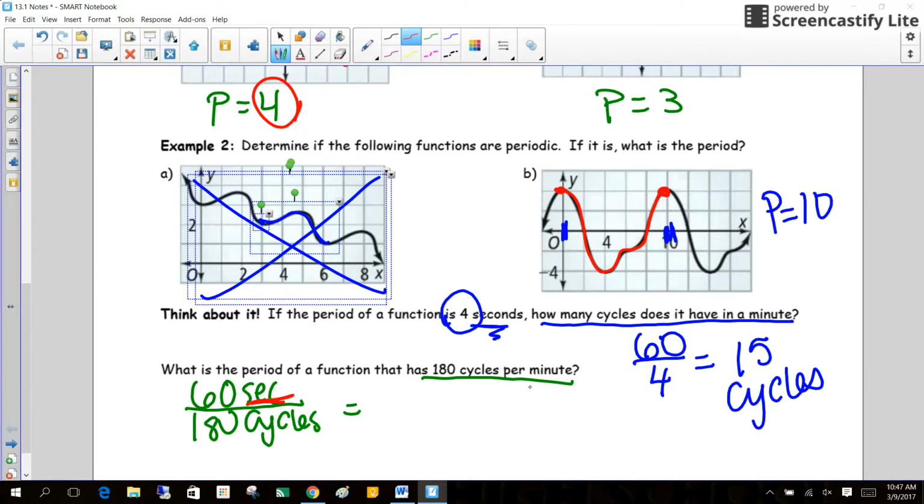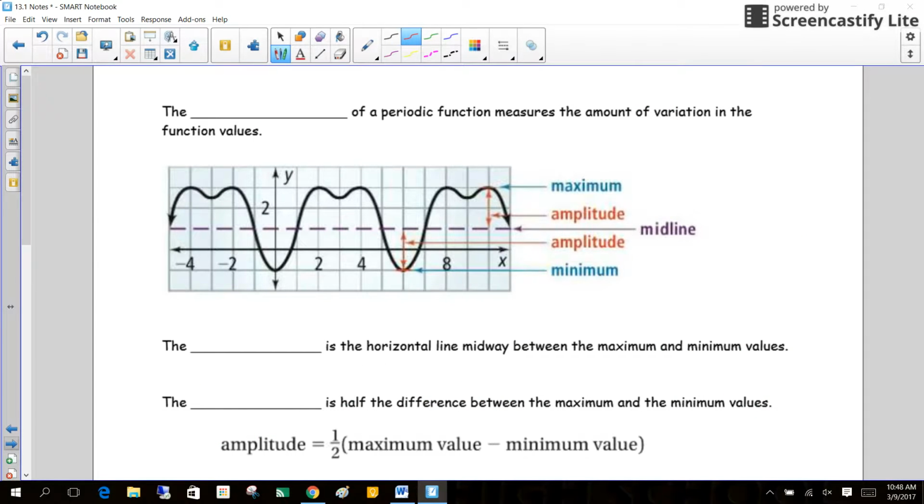That's what a period is. This was 4 seconds for each cycle. So seconds per cycle, I set it up as 60 divided by 180, or it'll be 1/3 of a second for each period. So that vocabulary will hopefully get easier as we use it more often.